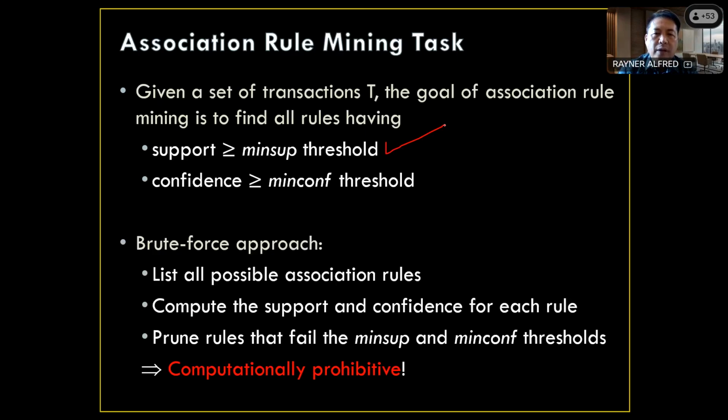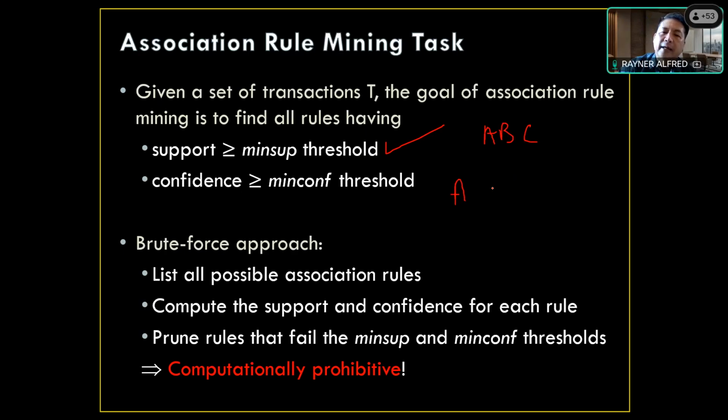Okay, we could find the rules by using brute force. Brute force is a definition in which we try all the combinations. So we will list all the possible combinations, and we will look at individual rules that can be derived from the combination. For instance, if we have A, B, C, this is a 3-item set, right?